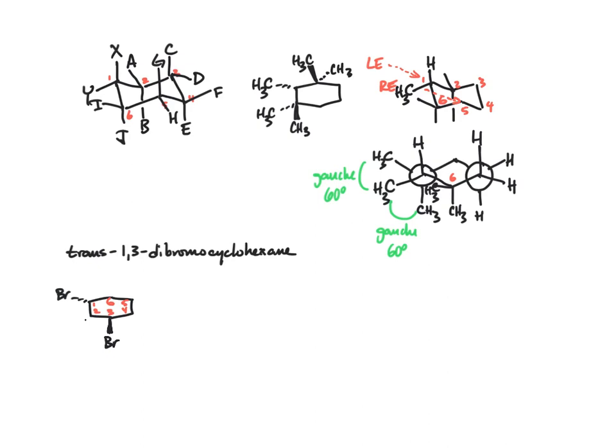So depending on how you draw your chair, say for example I draw it this way. And say I'm going to number these carbons this way. 1, 2, 3, 4, 5, 6.